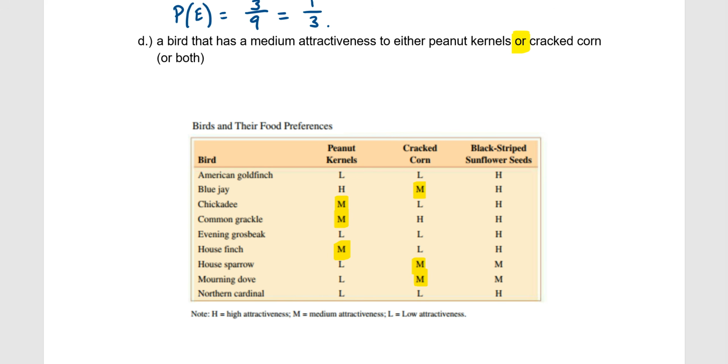Since it's or, it can be either or. It does not have to be both this time. Or is at least one. So that's going to be 1, 2, 3, 4, 5, and 6. Let this be event E once again. The probability of event E is 6 out of 9 total. If we divide by a common factor of 3, that simplifies to 2/3.